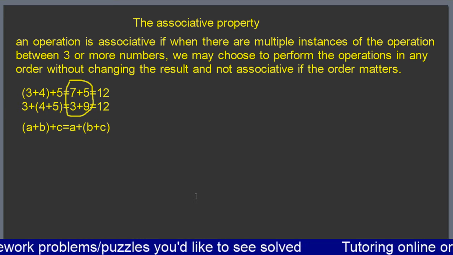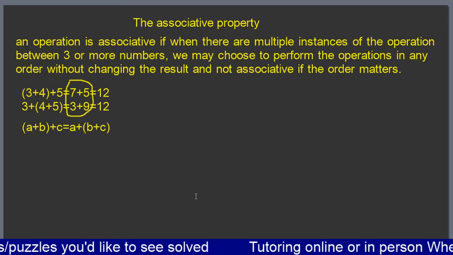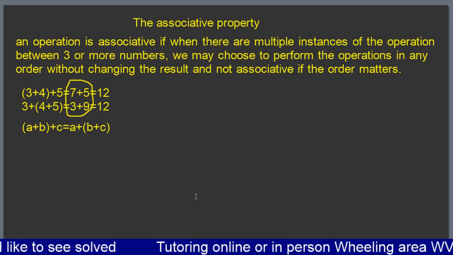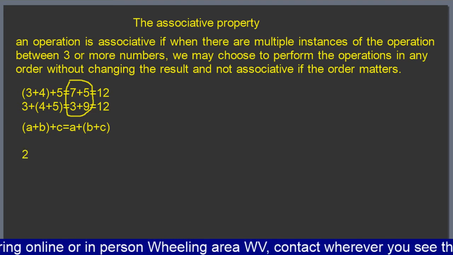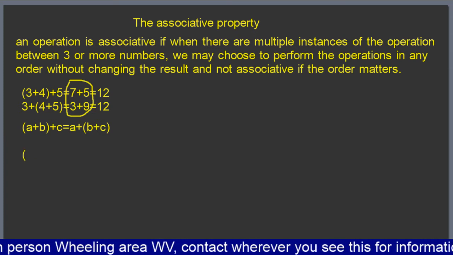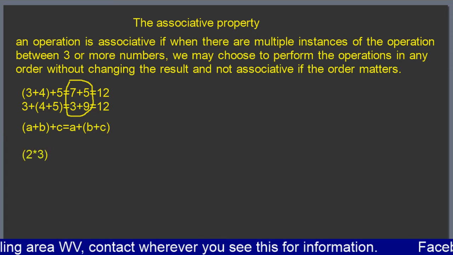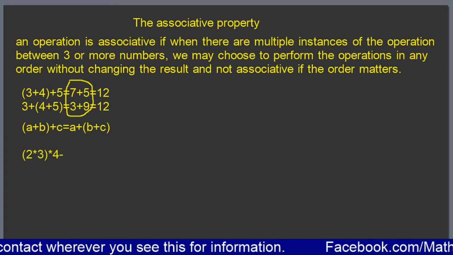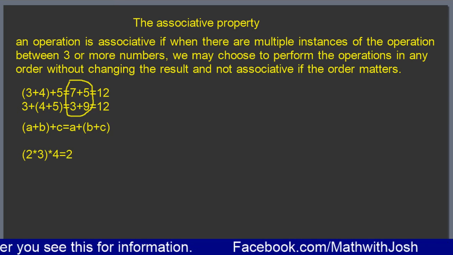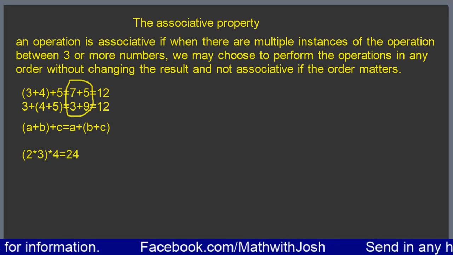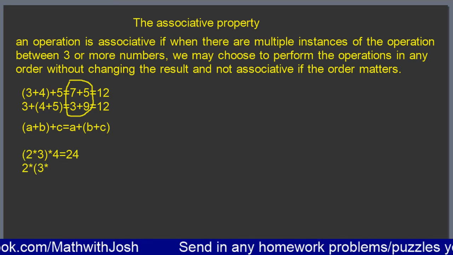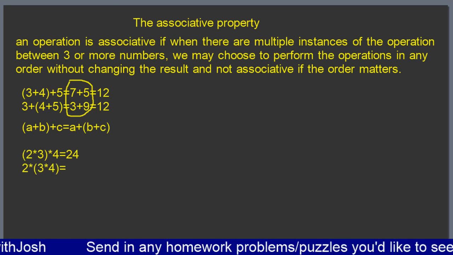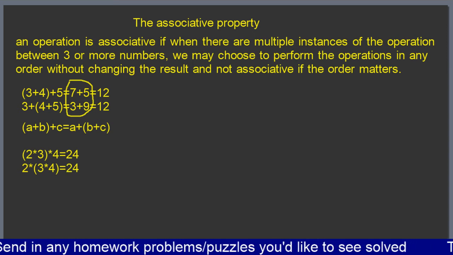For multiplication, I'm going to leave that as an interesting homework idea if you want to work on it. That is that this also works with multiplication, that (2 times 3) times 4, which equals 24, also works the other way, in that 2 times (3 times 4) also equals 24.